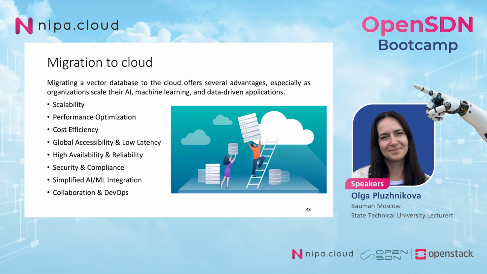Cloud vector databases often integrate with machine learning services for streamlined development and support for streaming data to keep vectors synced with the changing data. Collaboration and DevOps: enable distributed teams to collaborate on vector data without infrastructure constraints.